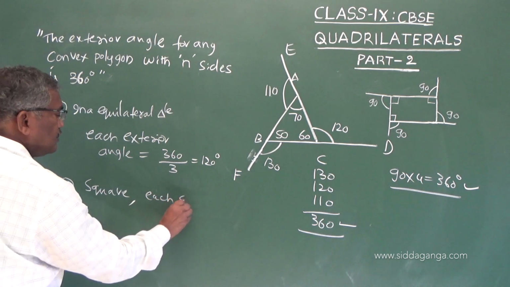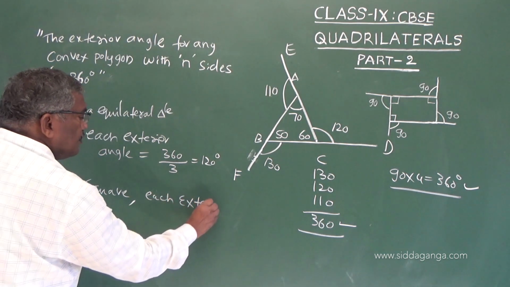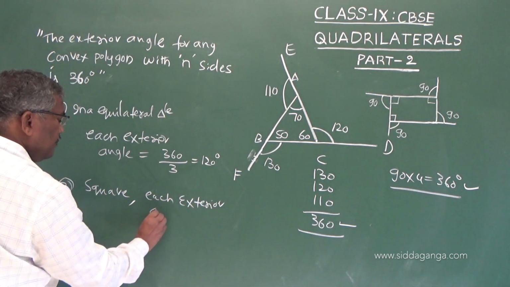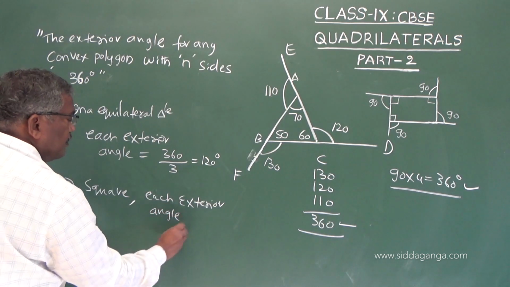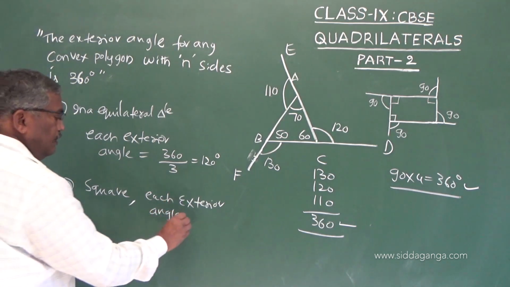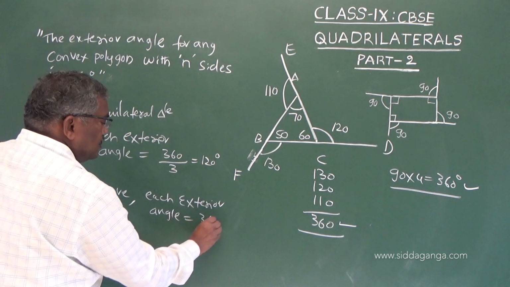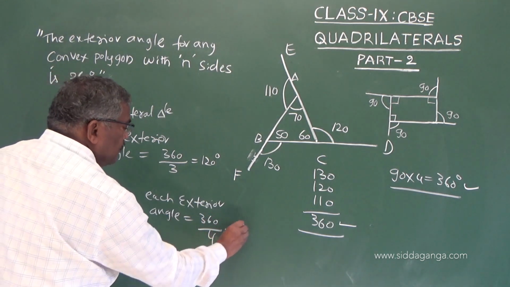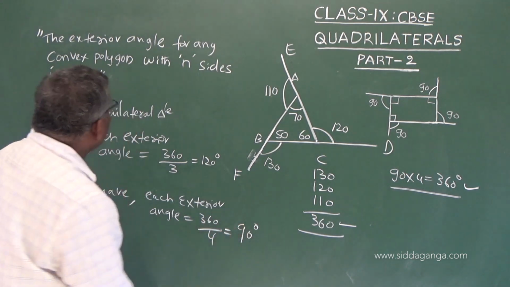Each exterior angle equals 360 divided by 4, which equals 90 degrees.